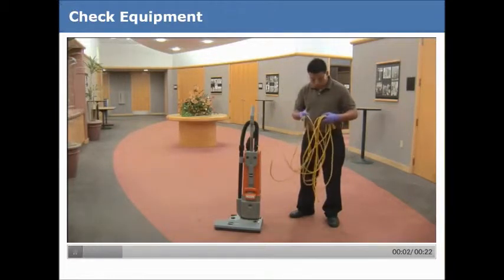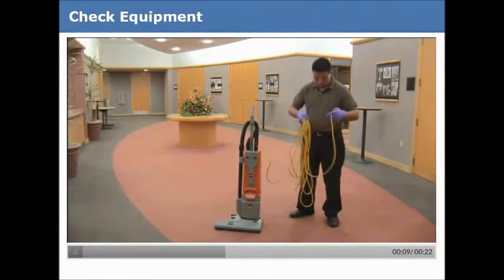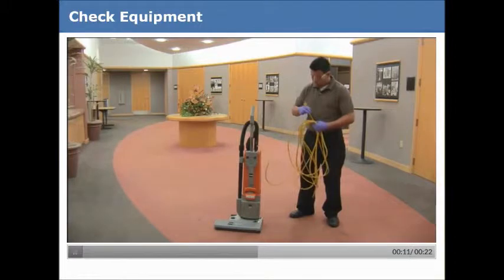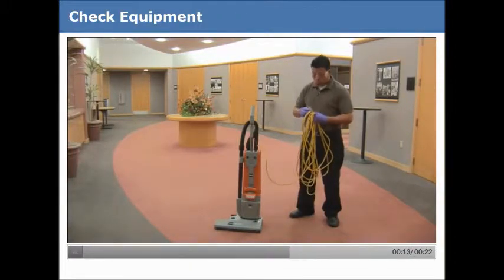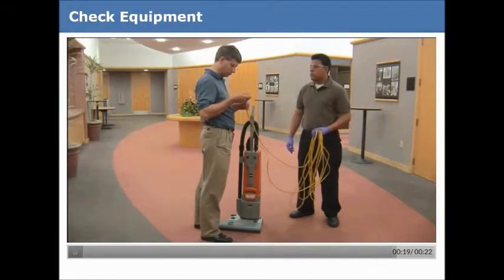Check to see if your equipment is in good working order. If using electrical appliances like vacuum cleaners, always check the cord for cracks or breaks. Do not use any electrical equipment if the cord insulation is damaged, cracked, or broken. If your equipment needs repair, contact your supervisor immediately.